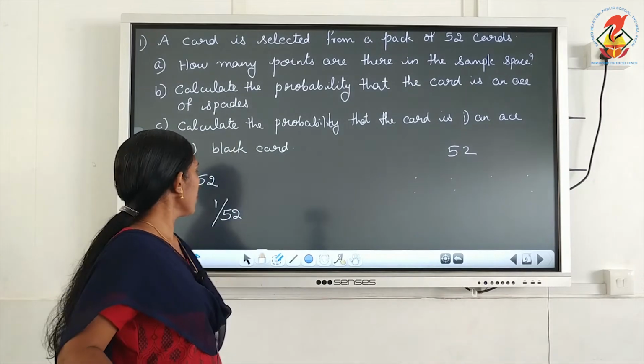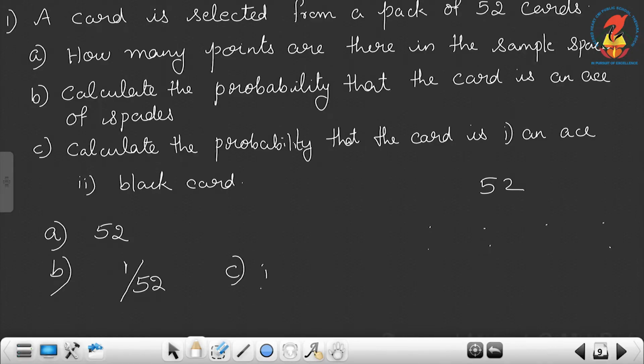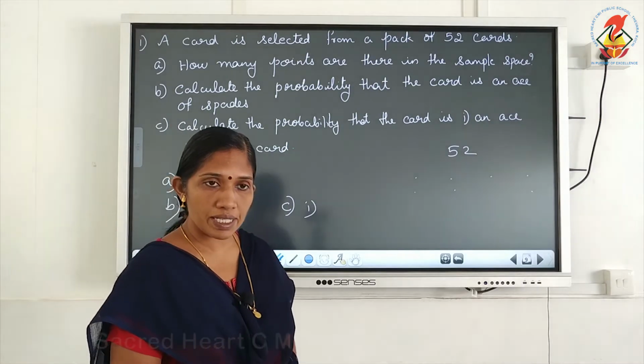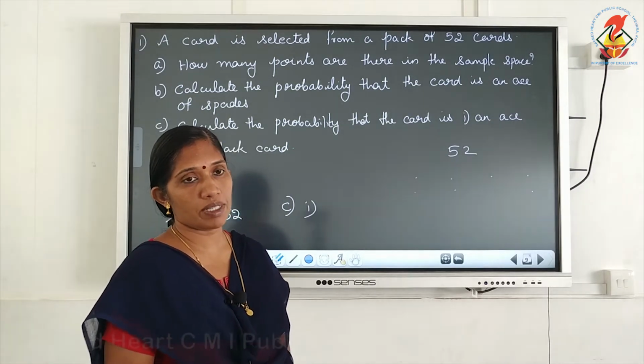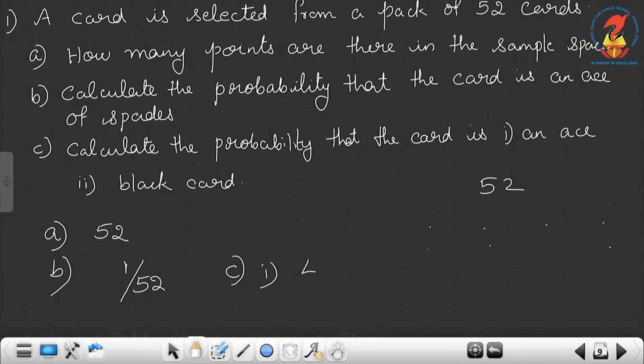Now the next one. Probability that the card is an ace. How many aces are there? How many favorable outcomes? There are 4 aces, so favorable outcomes are 4 out of 52. Then black cards.